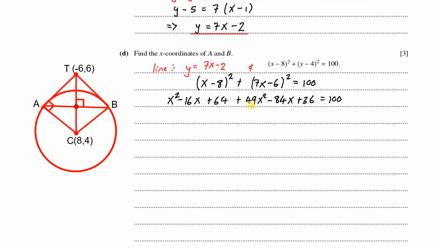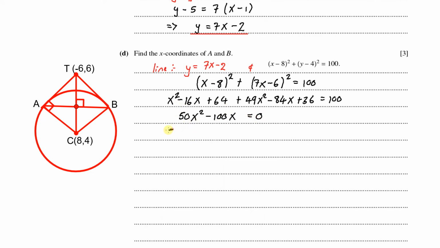So x squared plus 49x squared, that's 50x squared. And minus 16x minus 84x is minus 100x. Then 64 plus 36, that's 100. And if we subtract this 100, we get 0. So everything is equal to 0.